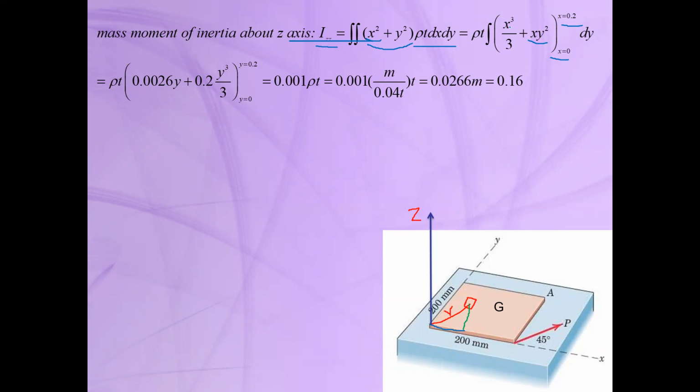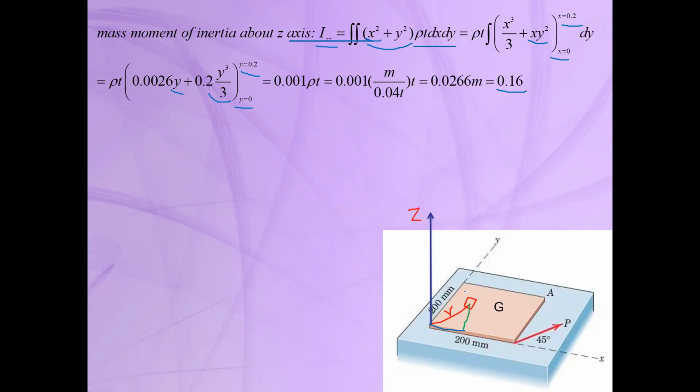Here we will have x cubed divided by 3, which is a constant number when you are calculating the integral with respect to dy, and the integral of y squared is y cubed divided by 3. Now we can substitute the domain for y, and easily we can obtain that 0.16 is the mass moment of inertia about axis Z.